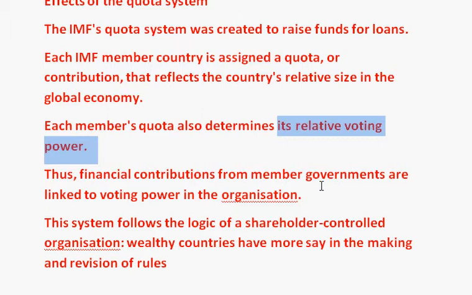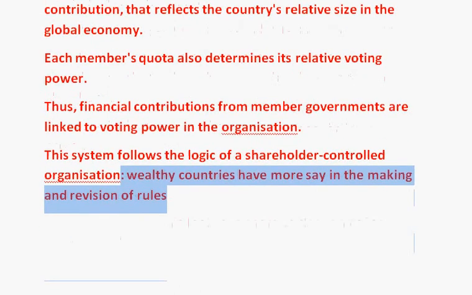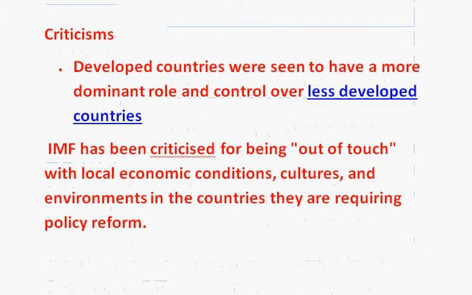So the country having more financial contribution has more voting power, and so it can have more effect in the institution. It means that wealthier countries have more say in the making and revision of rules. So it is a controversial thing in the IMF.